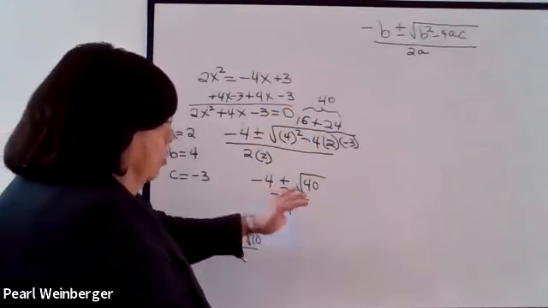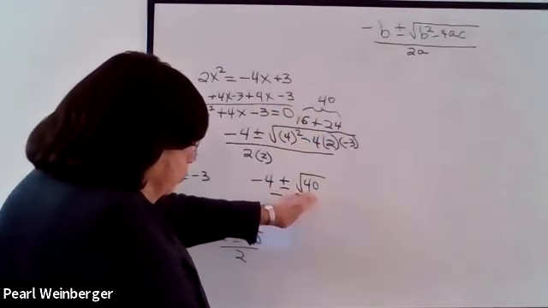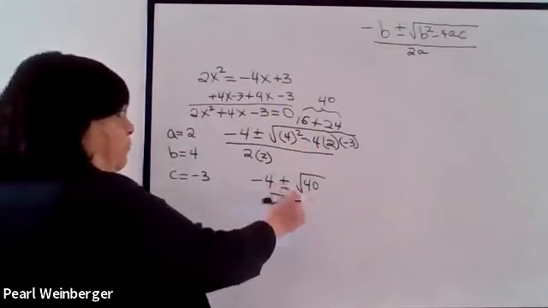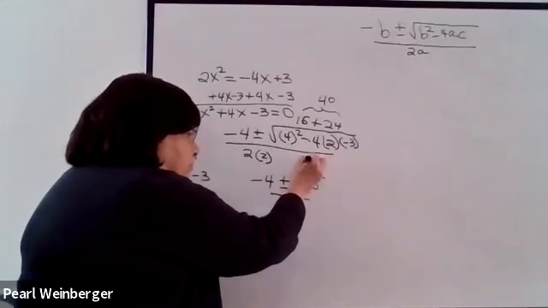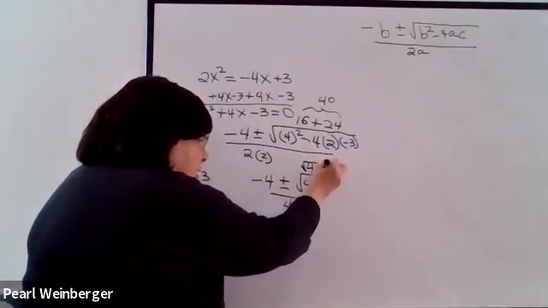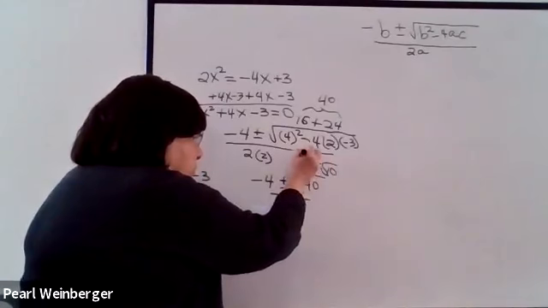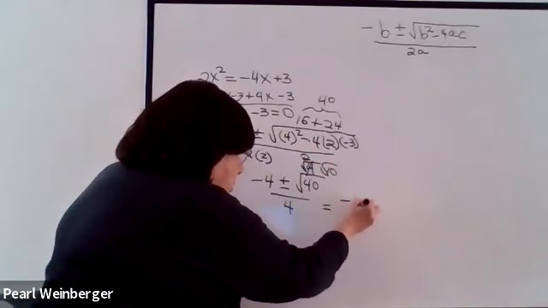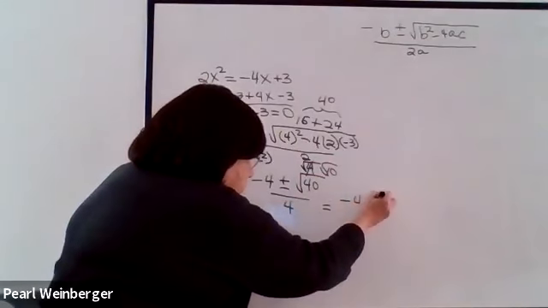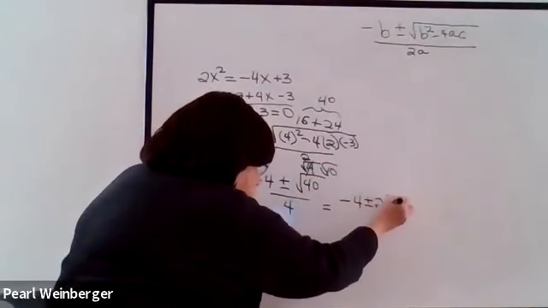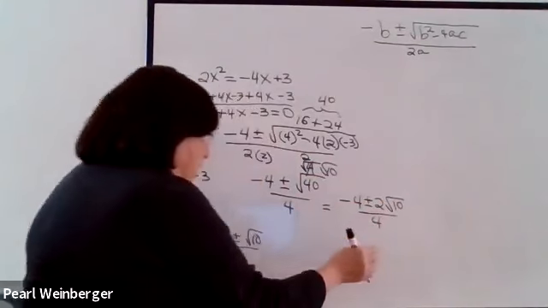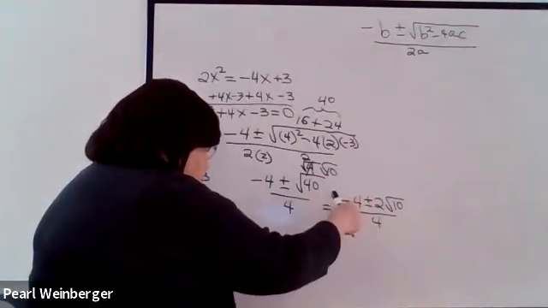The thing that we're always left with is to look at the radical and see if it can be simplified. And 40 could be broken down into 4 and 10, and the square root of 4 is 2. So this becomes negative 4 plus or minus 2 square root of 10 divided by 4. And now you look there, here are my 3 terms.